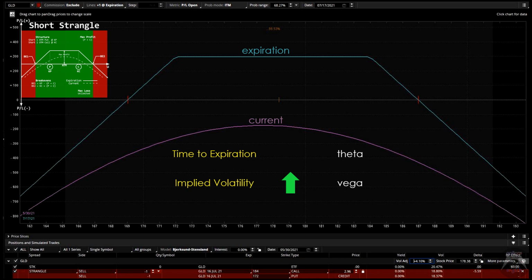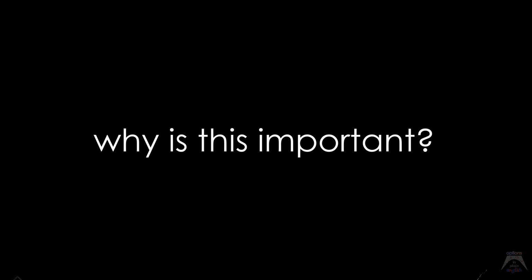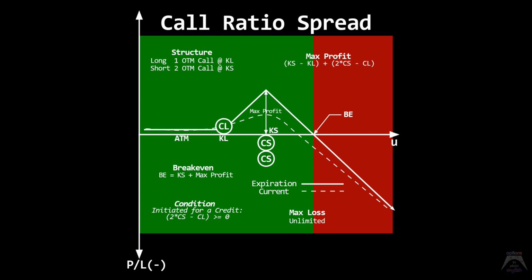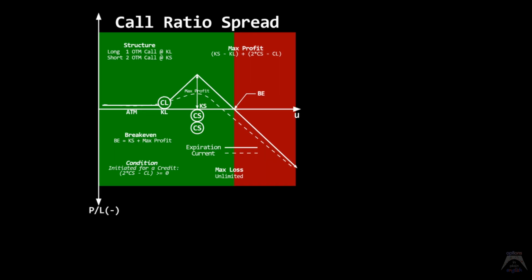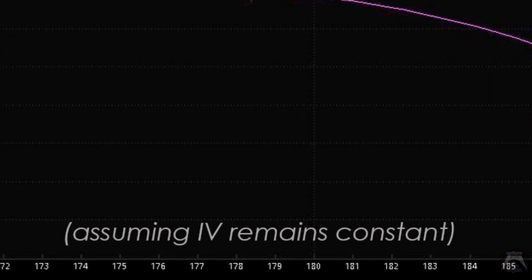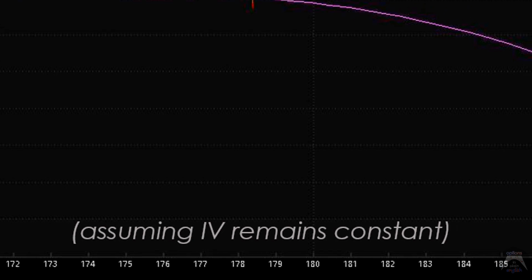Having seen all this, we can ask ourselves, why is this important? Let's illustrate this with an example, similar to the one we had at the beginning of the lesson. Let's analyze a call ratio spread with an expiration that is 47 days away. For this exercise, we'll assume that implied volatility will remain constant throughout.